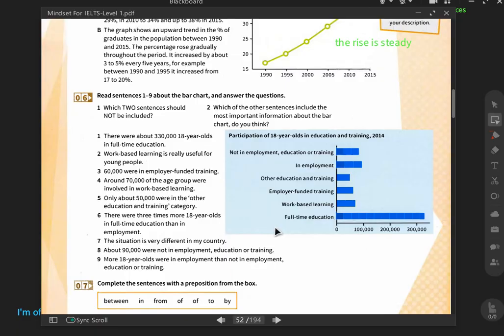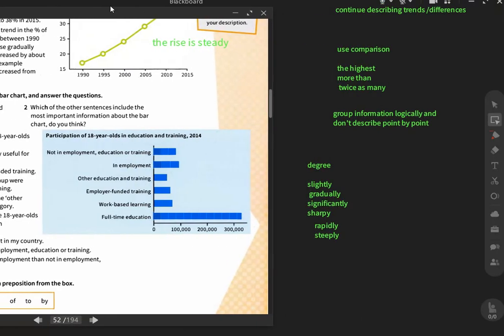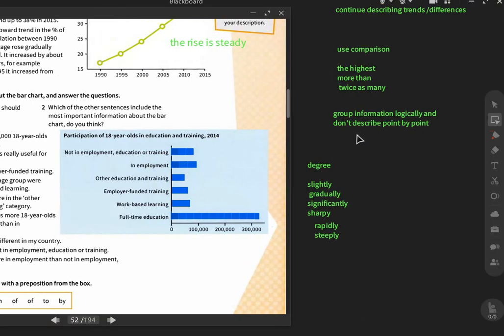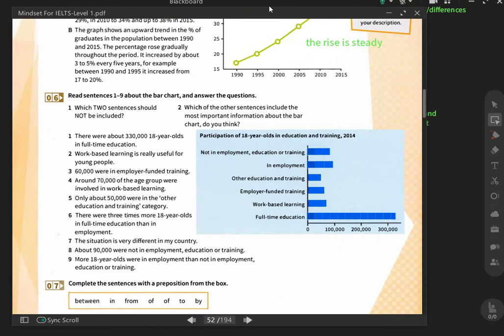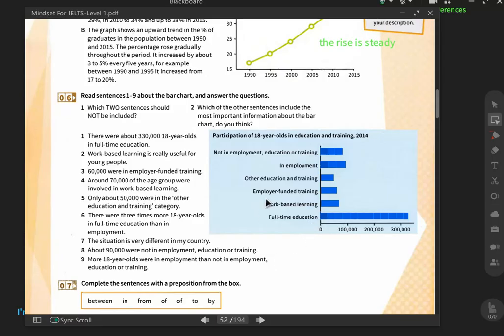Maybe. Yes, I do agree with you. Maybe, but 60,000 were in employer-funded training. So let's see. About this, the most important thing, as I told you, is don't describe point by point. If I want to give every number, like work-based learning or employer-funded training, they are actually the same.